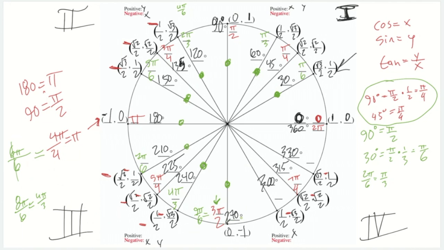And then we get 10 pi over 6, which will be here. What does 10 pi over 6 equal? That's 5 pi over 3, if I did my math right. Yeah, 5 pi over 3. And then the last one, if this was 10 pi over 6, this will be 11 pi over 6.